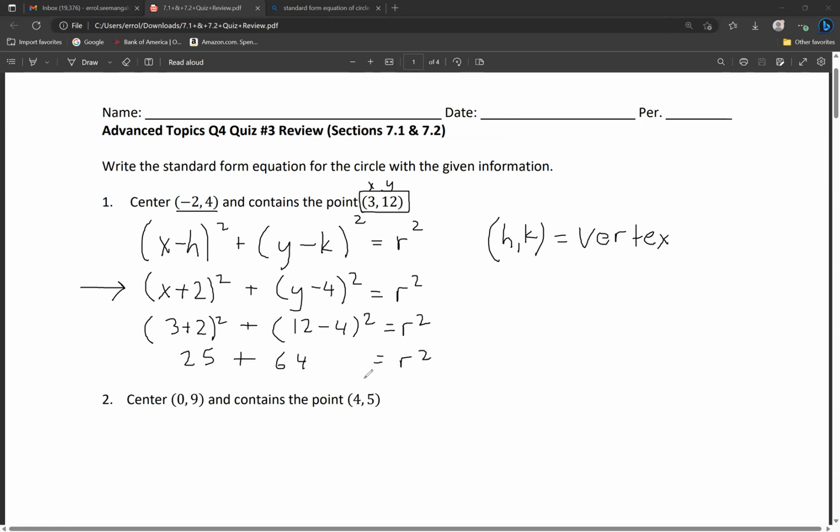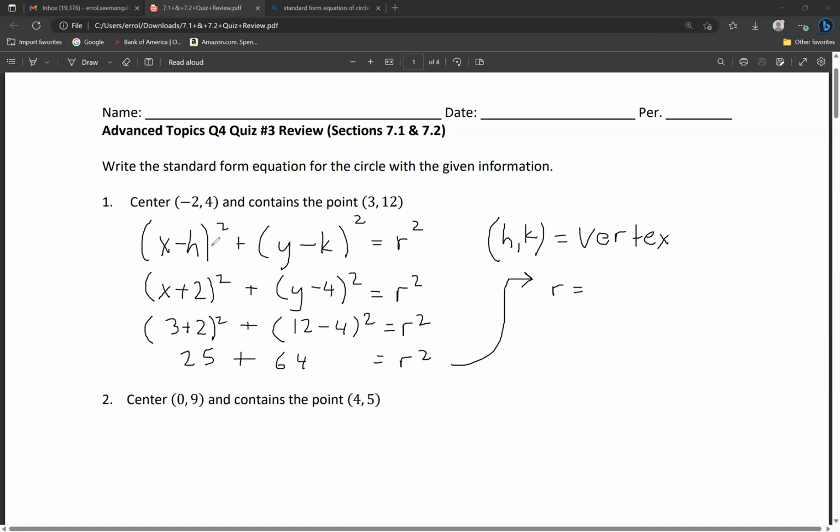So what's r? R equals what? 25 plus 64, 89. Yeah, that's 89.